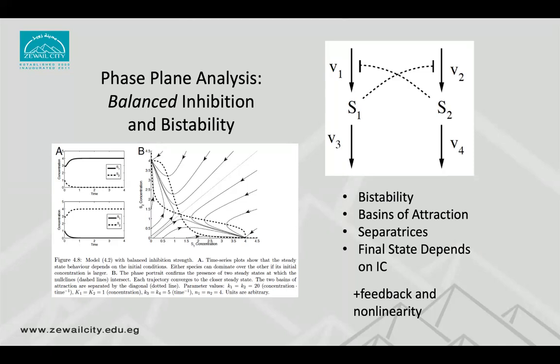But if I'm at this point and I move even just a tiny bit over to this side, I'll go to here. And if I move just a tiny bit upwards, I'll go up to there. So these are stable steady states. This is an unstable steady state.